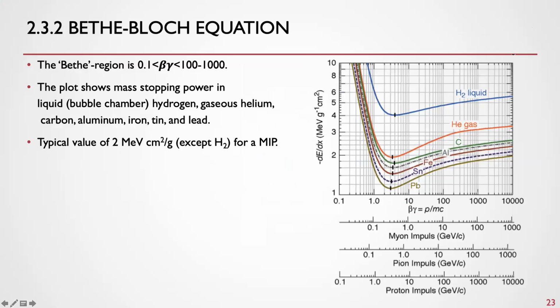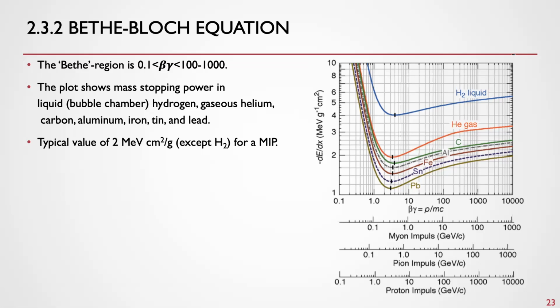Let's look at some materials. I think it's interesting to compare materials and particles. Now, the plot to the right has an enormous amount of information. First of all, the dE/dx is divided by the density, so you can compare liquids and gases, which have very different densities and hence very different energy loss per unit length.